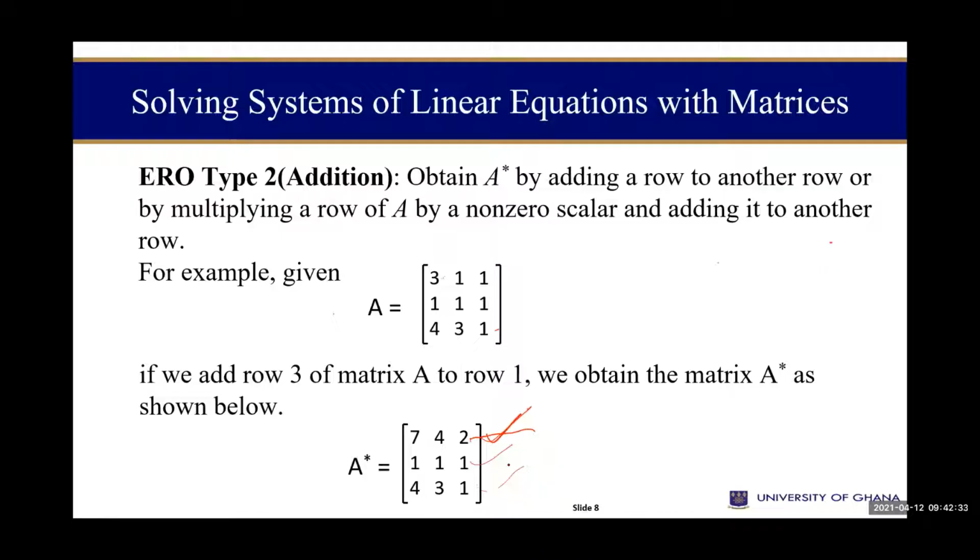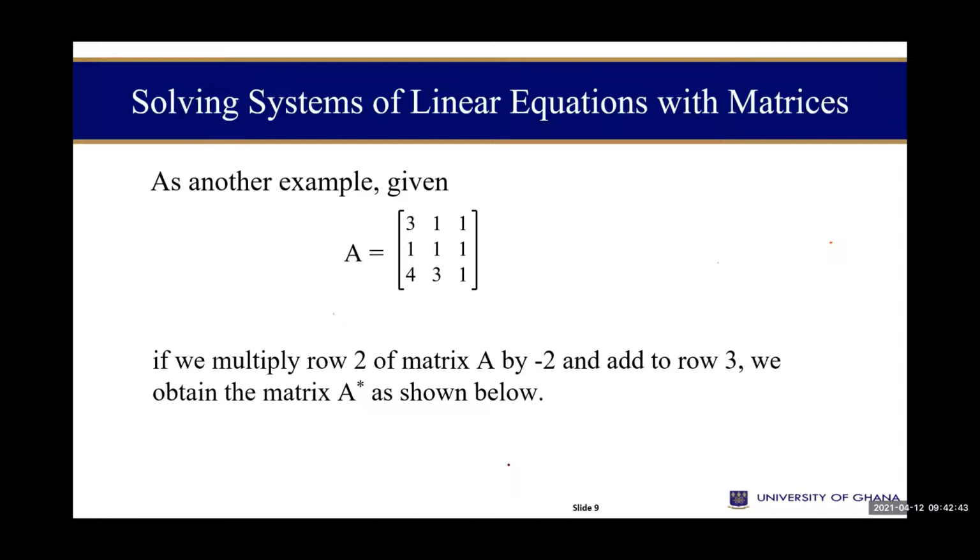You cannot transform 2 rows or 3 rows at the same time. It is elementary row operations. So I pick a row and do my operations on it. Or I can also say, let's multiply row 2 of matrix A by the scalar -2 and add to row 3.